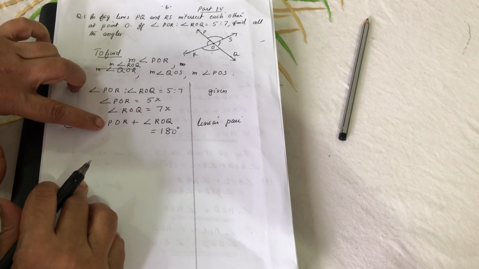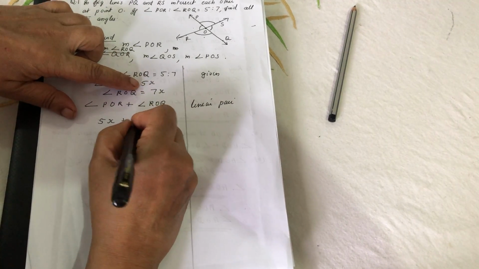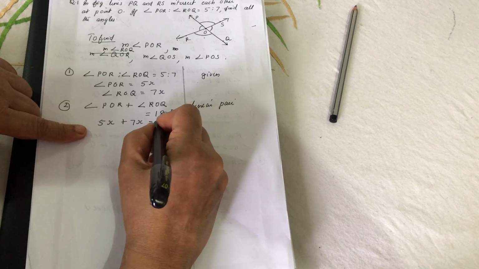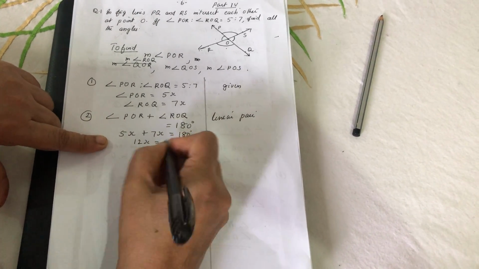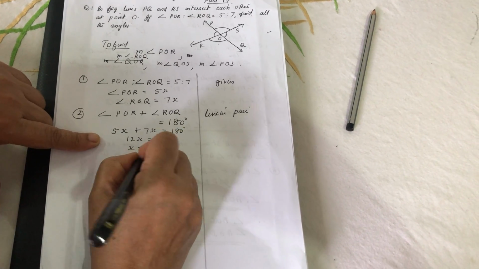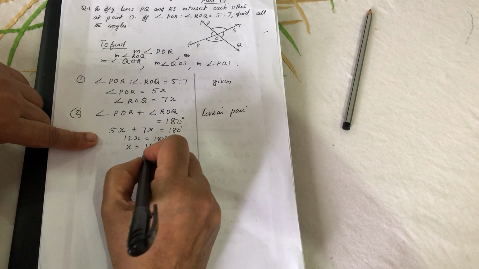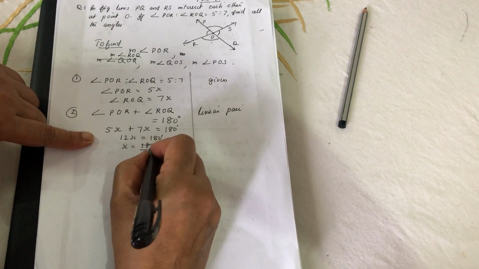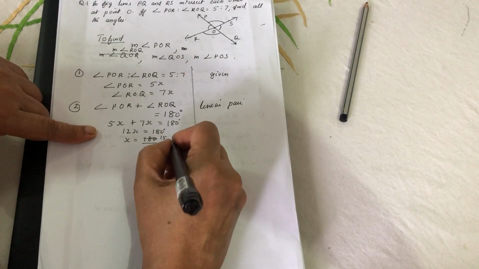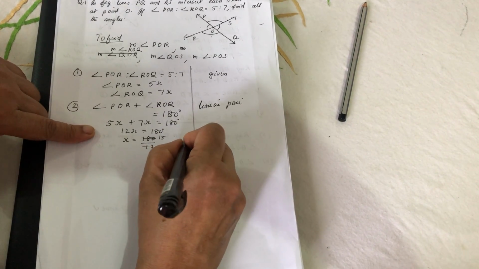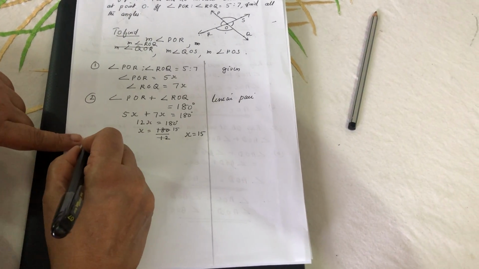POR is 5x, ROQ is 7x. 5x plus 7x is equal to 180 degrees. 12x is equal to 180 degrees. x is equal to 180 by 12. So x is equal to 15. So you can write each angle.